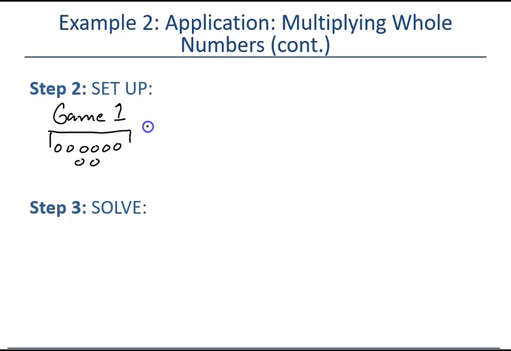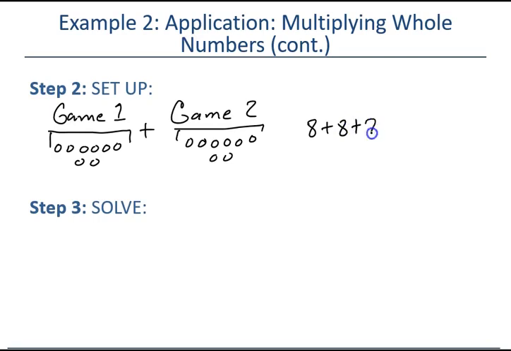Then we come over here, and we're going to have to add. Now we look at game 2. He's going to use 8 baseballs again: 1, 2, 3, 4, 5, 6, 7, 8. Notice we could keep doing this. We can go 8 plus 8 plus 8. What are we doing here? We're doing 8 plus 8 plus 8.